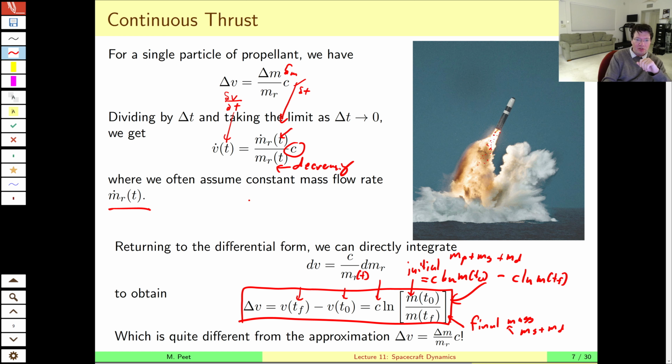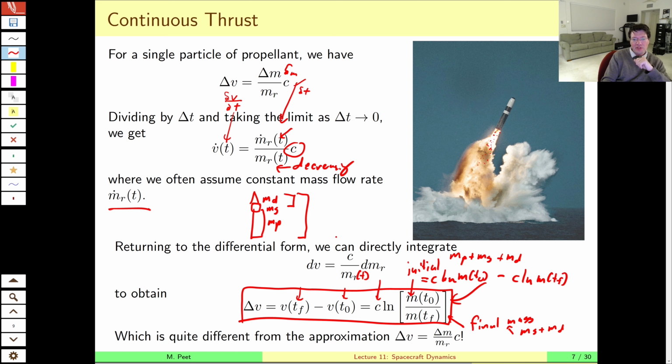If you remember our rocket here, we had MD, below that we had MS, and here we had MP. That's our schematic of a rocket. And so the ratio of this number to this number is what determines our delta V.